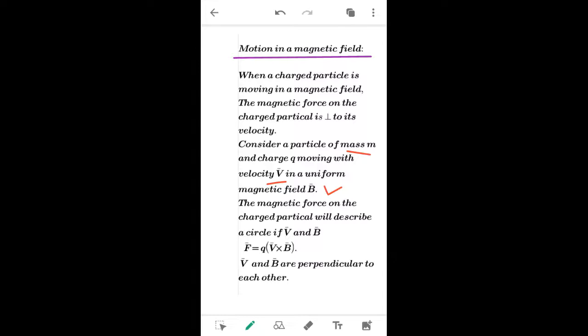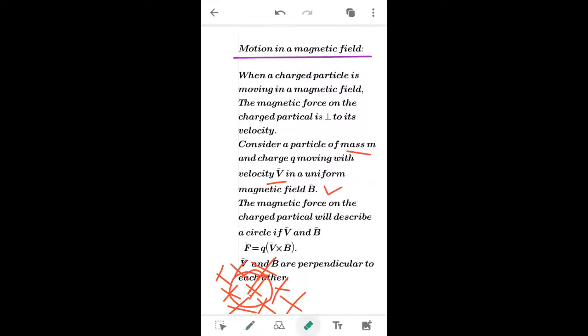Let us see. If it is moving in a uniform magnetic field, the cross marks signify that the magnetic field is directed into the plane of the paper. Now if there is a charge here, the charge experiences circular motion from the center.